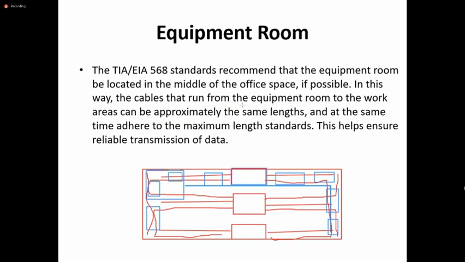At the same time, adhere to the maximum length standards. There is a maximum limit: 100 Mbps can go up to 100 meters maximum, right? You can't actually use that maximum 100 meters. It will be less than that, because when it goes to that kind of length, the signal will drop, right?